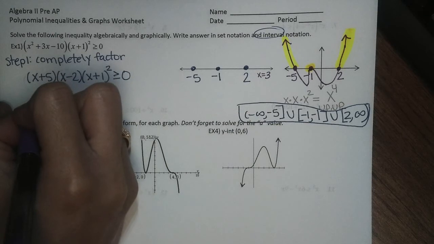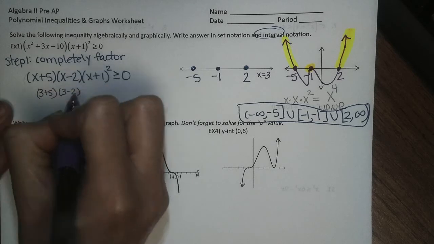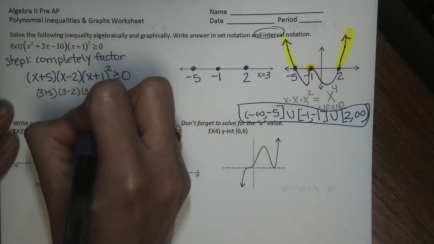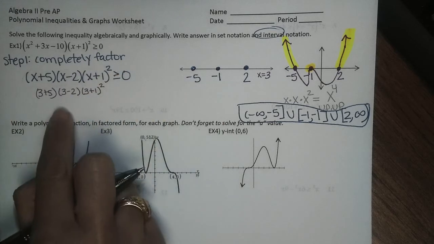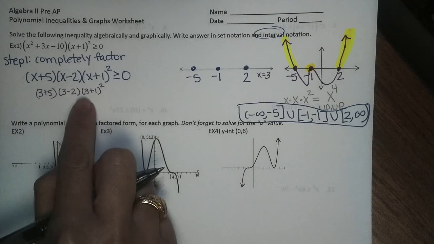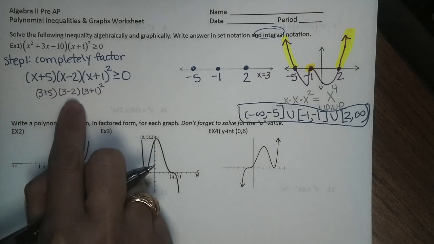So you put 3 plus 5, 3 times 3 minus 2, times 3 plus 1 squared.